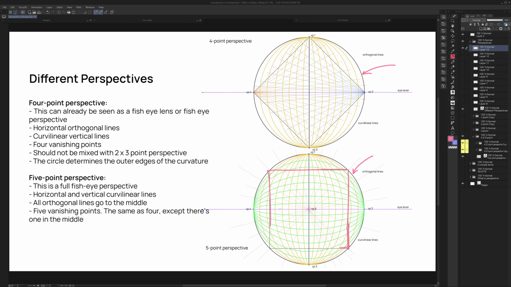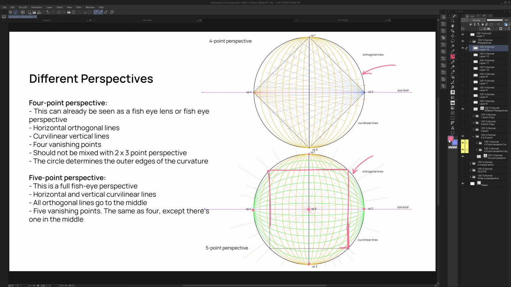Then we have the 4 vanishing points, except in 5-point perspective, we also have what is called the middle, where all the orthogonal lines go to. So that's one of the key things to remember when doing 5-point perspective.